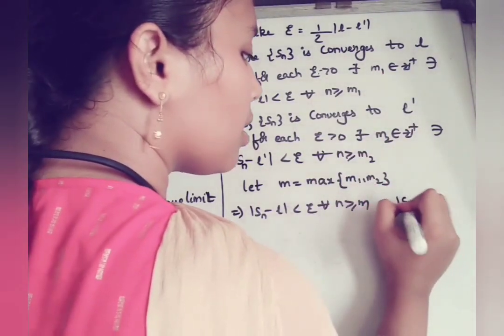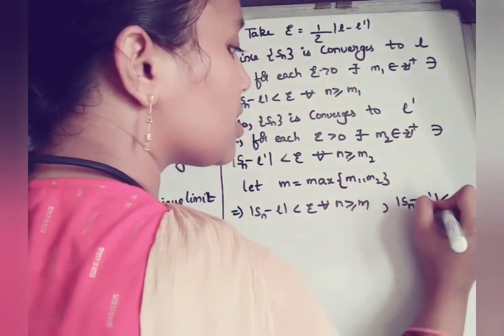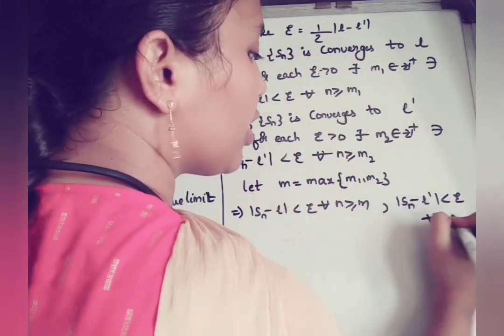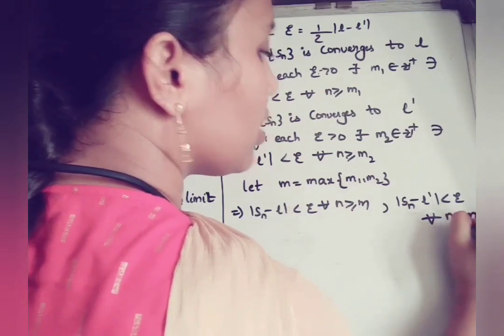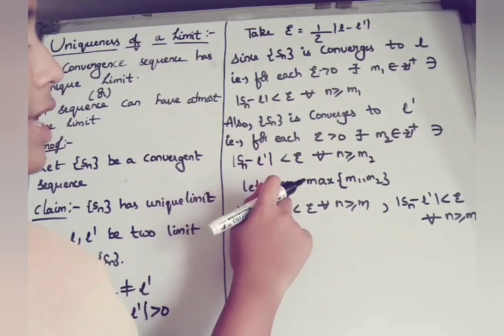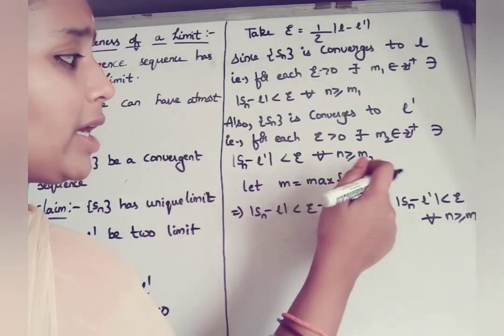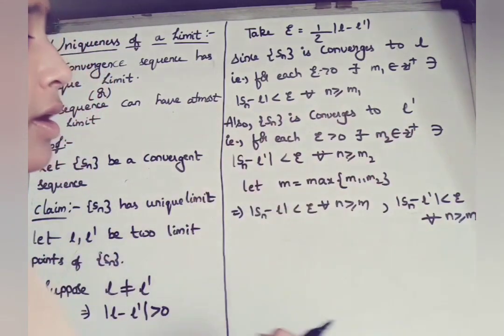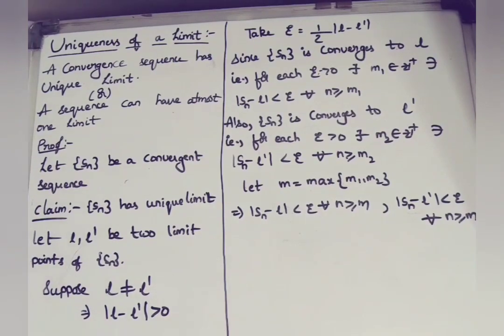Similarly, mod Sn minus L dash less than epsilon for all n greater than or equal to m. Again n is greater than or equal to m2, and m is the maximum of m1 and m2, so in place of m2 we can write m. Clear?